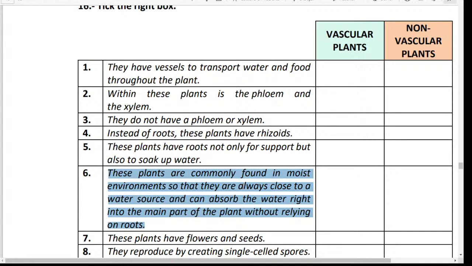They are always close to a water source. So, talking about mosses, musgo, are they vascular or non-vascular? Good, Nestor. Good, Alicia. So they are non-vascular plants.